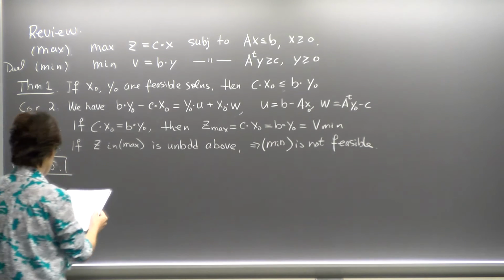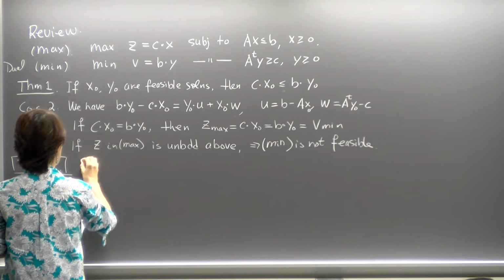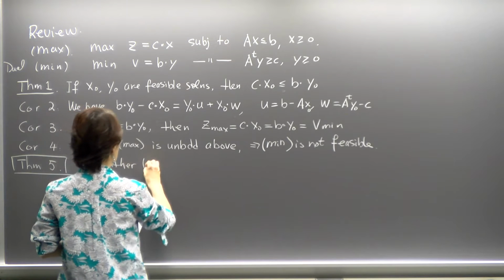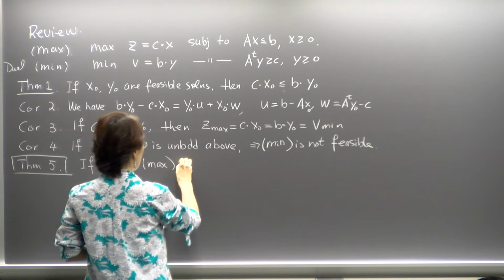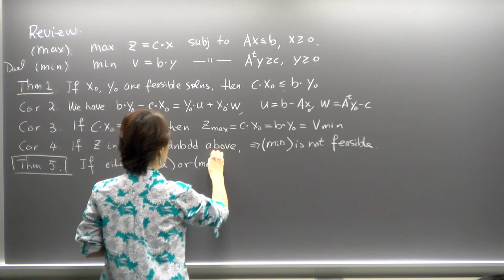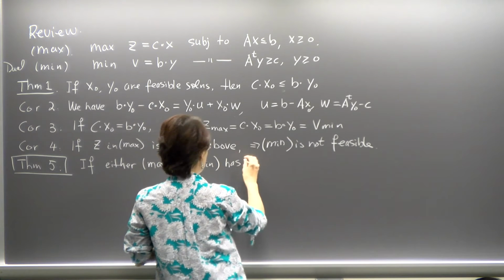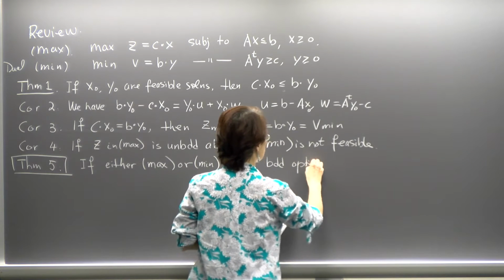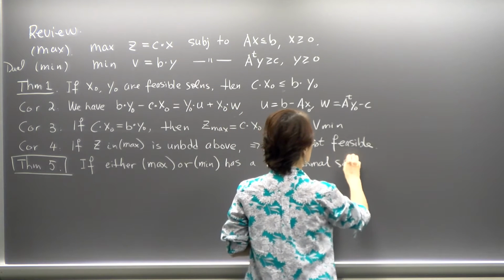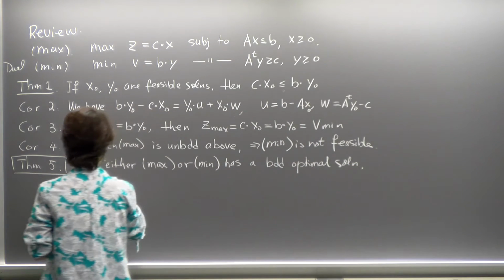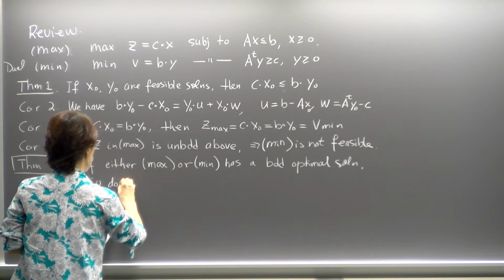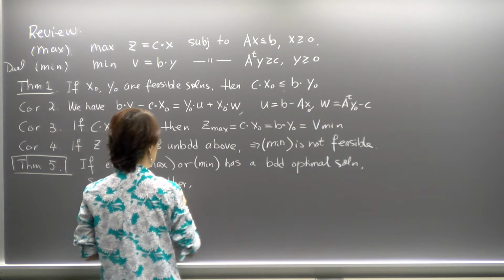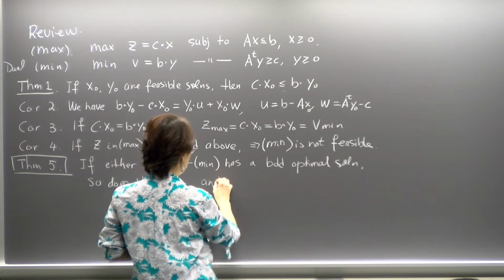Okay, so let me write it. If either max or min has a bounded optimal solution, and so does the other, then they will both have optimal solution, and then they are the same.